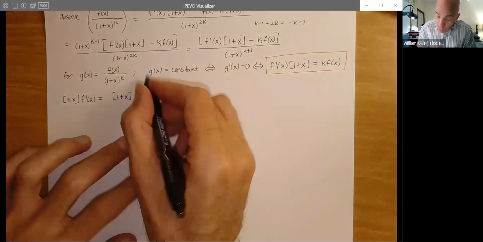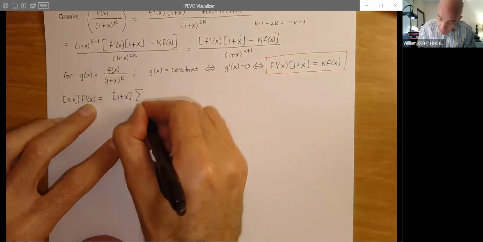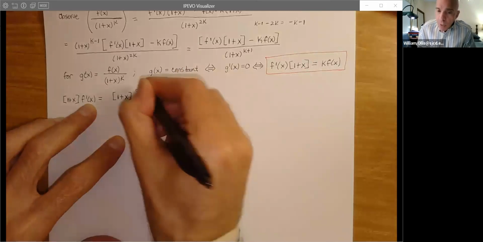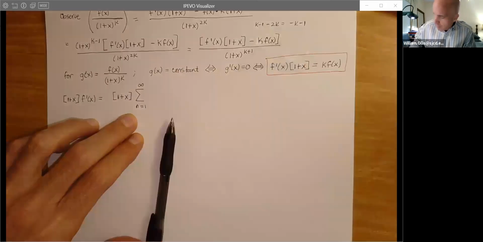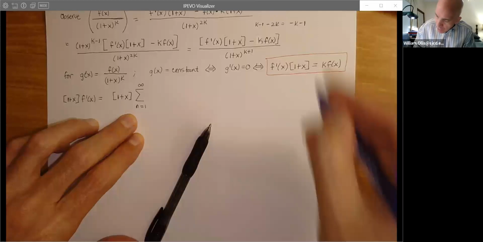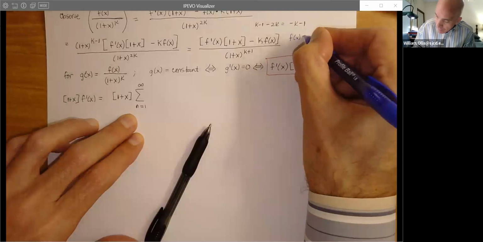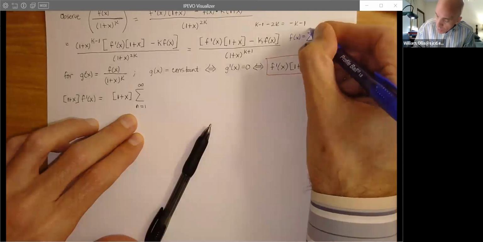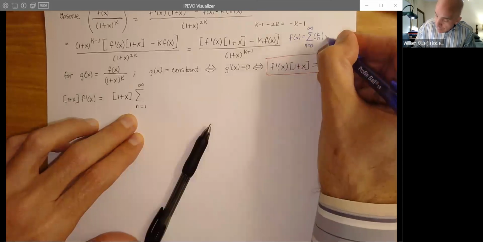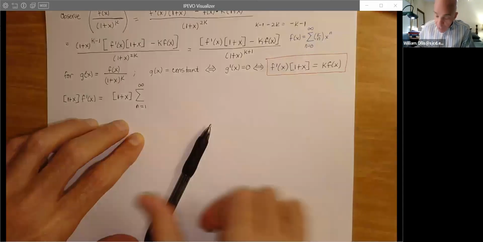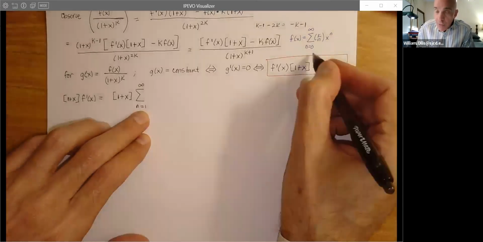Now, of course, when we do the prime, we're going to get the sum from n equals 1 to infinity. Let me just write this here now that I have room for it. That's what we started with, but it's been a while since I've written it. So we're going to take the derivative term by term, and we'll start at 1 because the n will come down and give us a 0 term.